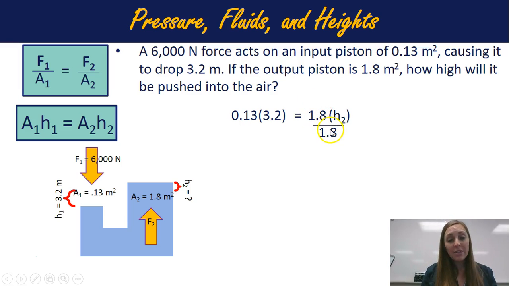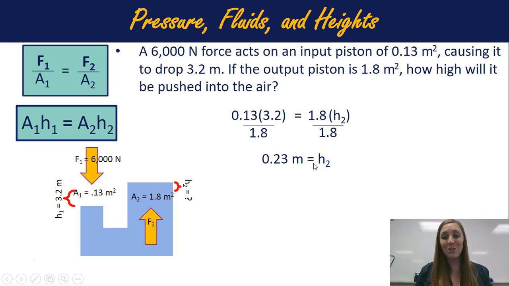Whatever you did on the right-hand side, you have to also do on the left, so divide by 1.8. This whole thing you should put into your calculator in one step. Do 0.13 times 3.2 divided by 1.8. And then you'll get 0.23 meters, and that's your height. So 0.23 meters. I put meters on it at the end because I'm talking about height, so that should be meters.